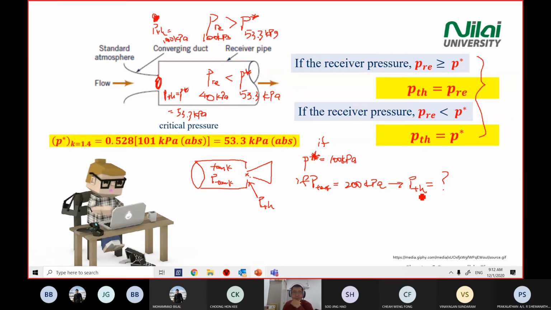In this case, when the receiver pressure is more than the choke pressure, the pressure inside the system will become the same as the receiver pressure. So in this case, it will be 100 kilopascal. 100? 200. Oh, 200. Yes. Correct. All right, excellent, good.